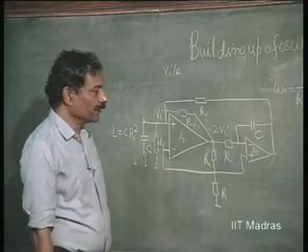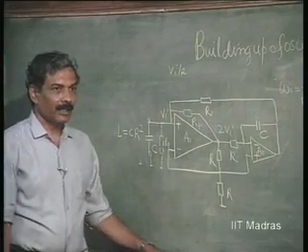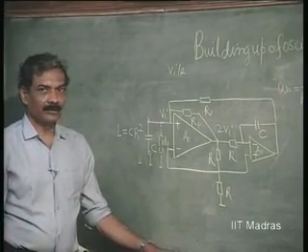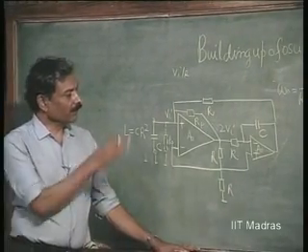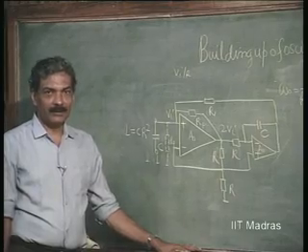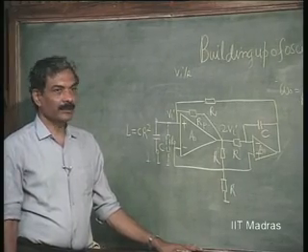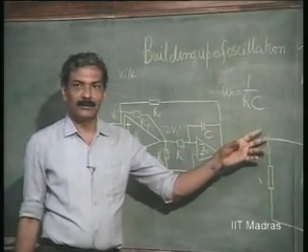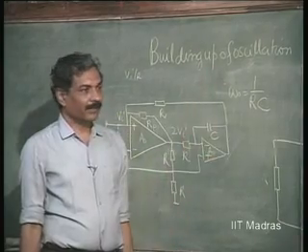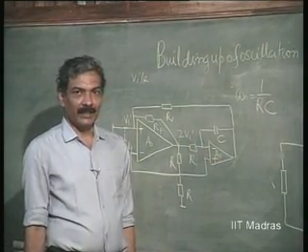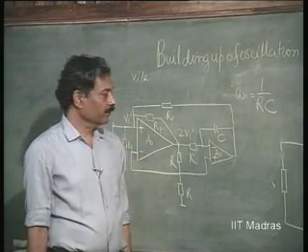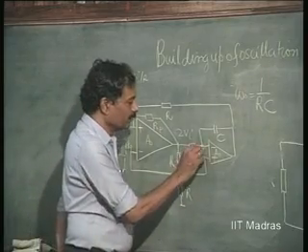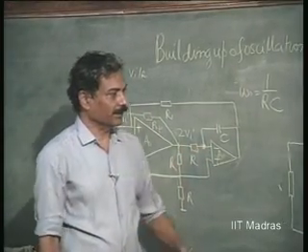So, this is what is called a gyrator oscillator. It uses only resistors and capacitors, and you can vary the capacitor and make the frequency vary. So, this is the basic principle of such oscillators.